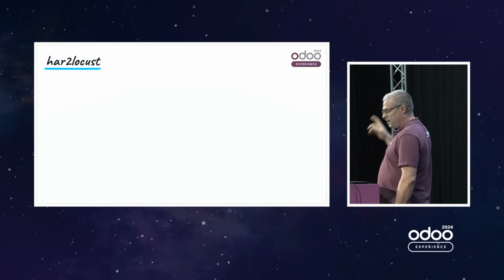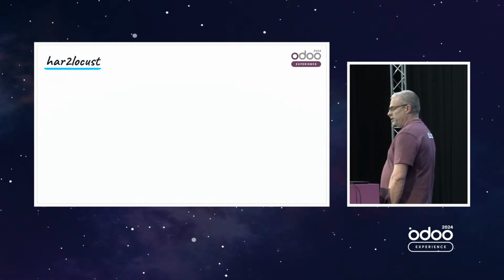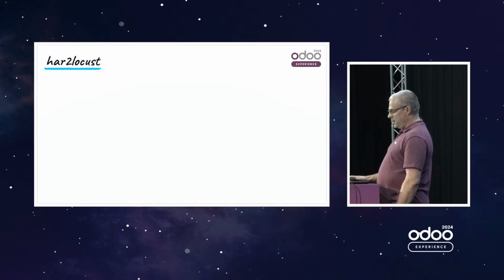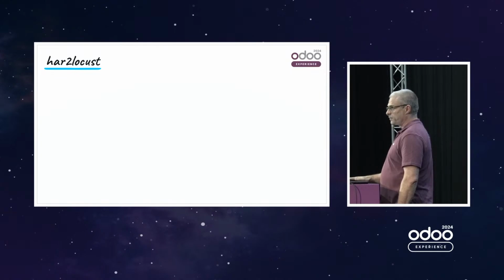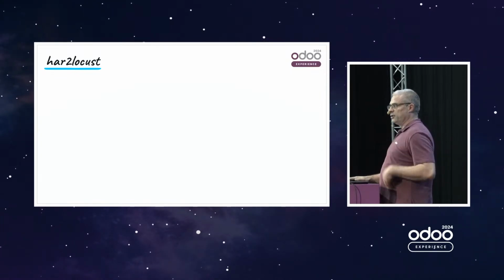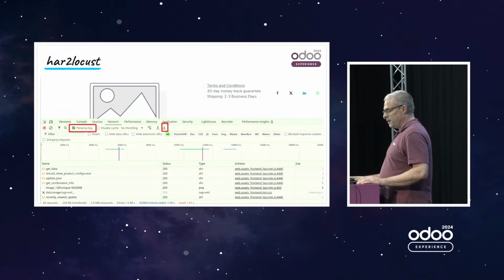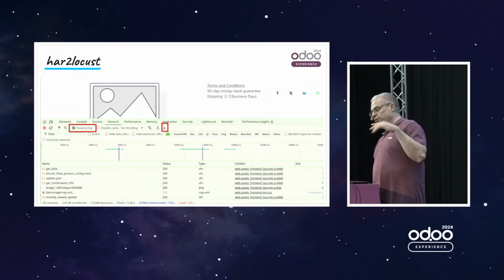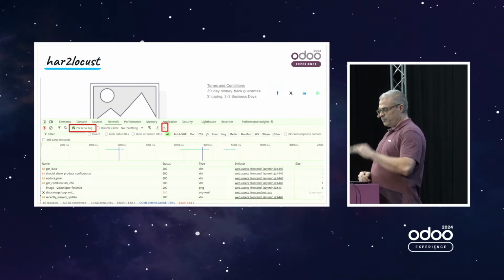In our requirements.txt file, there was this strange requirement, HAR to Locust. It's really annoying to create a script to simulate a front-end user performing a purchase on the website and so on. So the idea here is you use your web browser. You go in the network tab. You preserve the log.